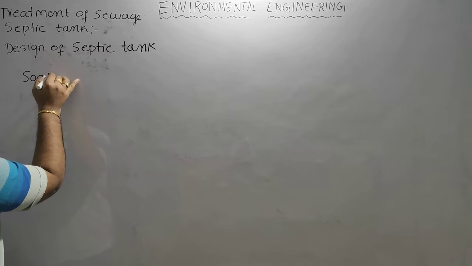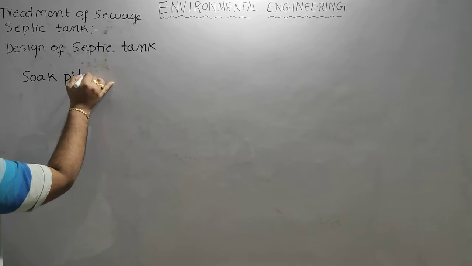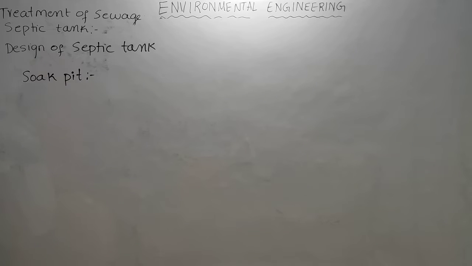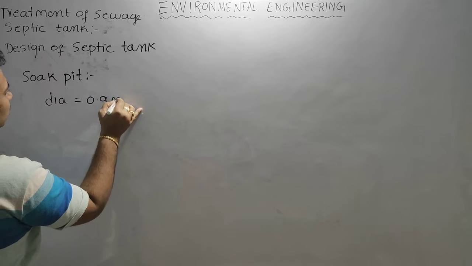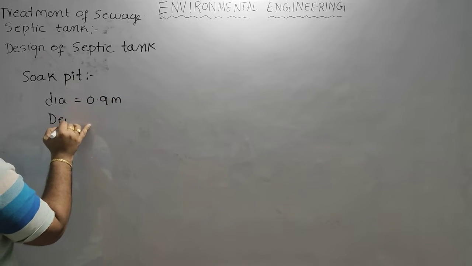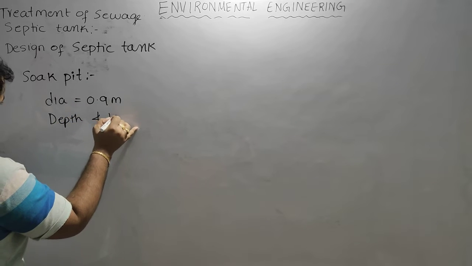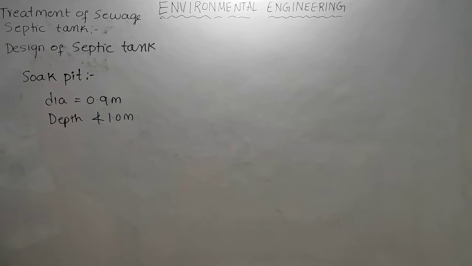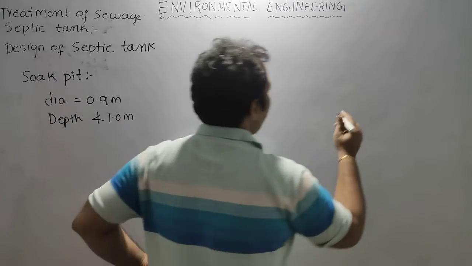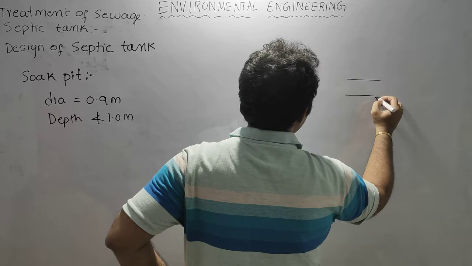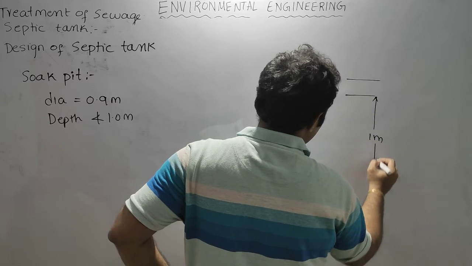Soak pit generally will have dimensions of 0.9 meter diameter, and the depth should not be less than 1.0 meter below the invert, that means below the bottom point of the effluent pipe.